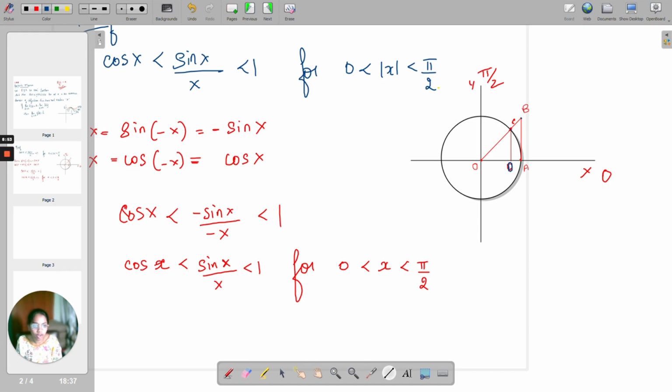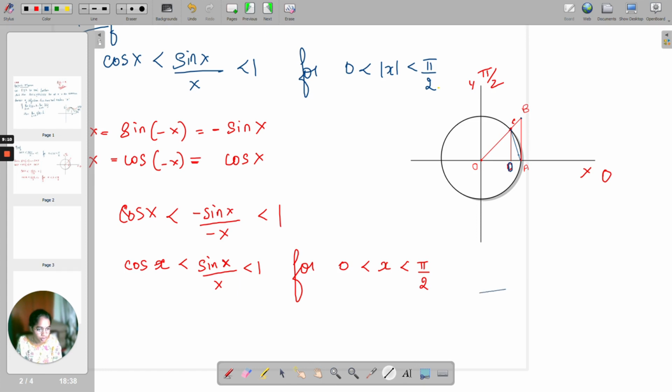So now the area of, if I join this OCA, yes, this area, let me draw that for you. It would be clearer.